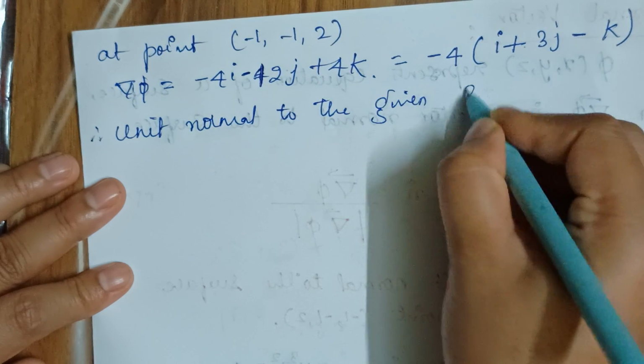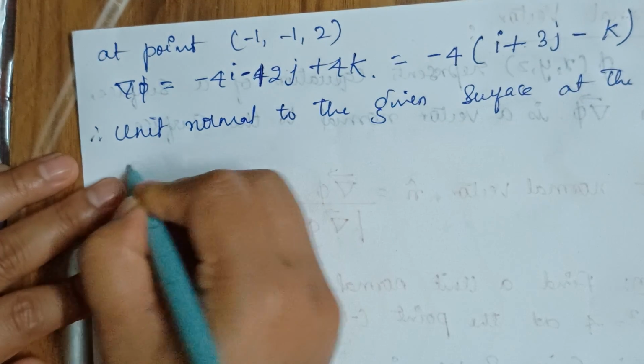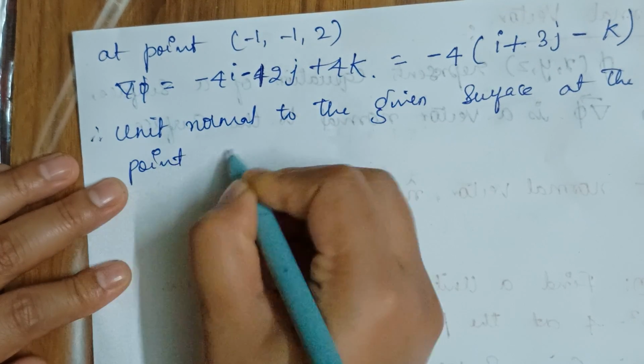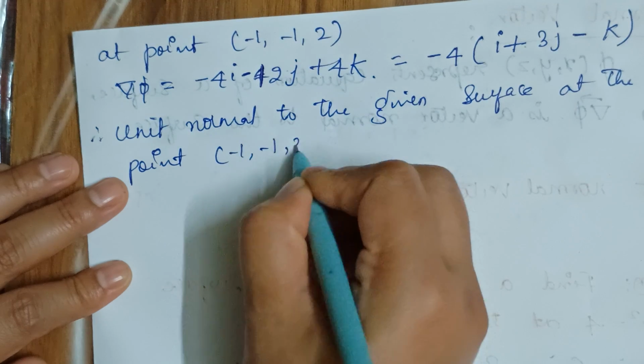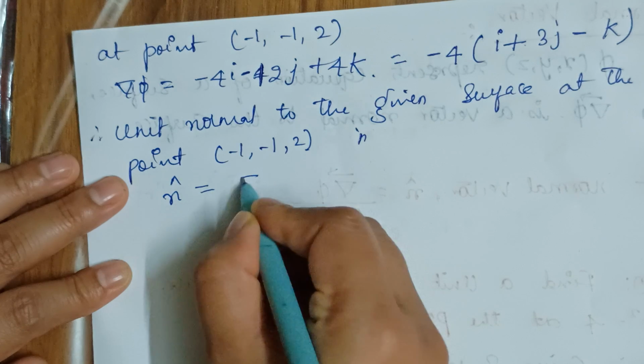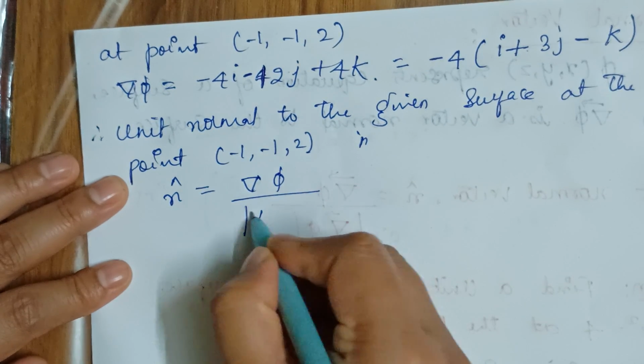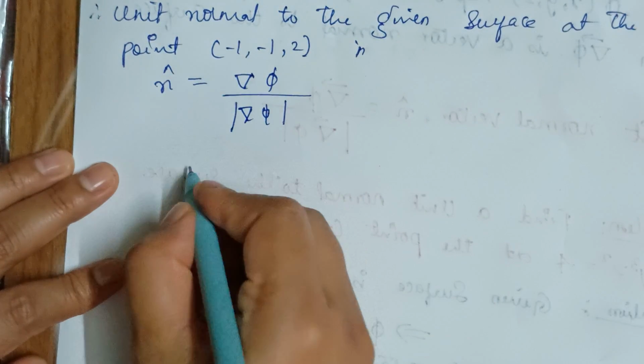All right, so therefore the unit normal to the given surface at the point (-1, -1, 2) is nothing but unit vector n equals del phi divided by magnitude of del phi. Let's find out.